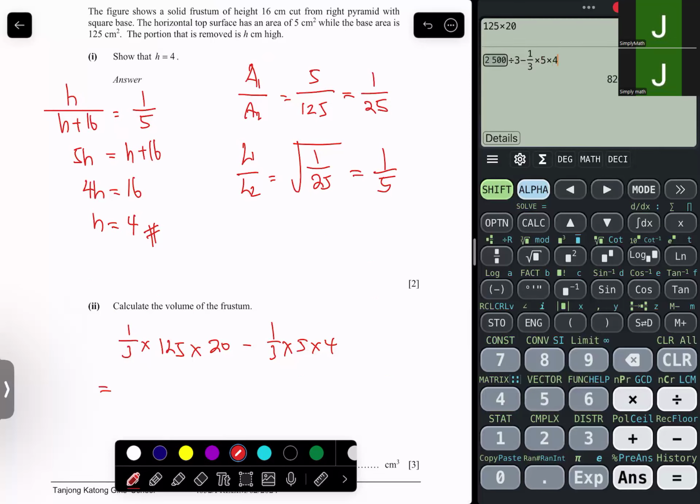So we get 826.67, which rounds to 827 centimeters cubed.